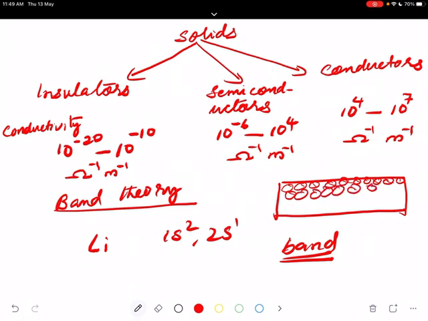Now, 2s molecular orbital, you know the molecular orbital. Last year we learned the 2s molecular orbital.